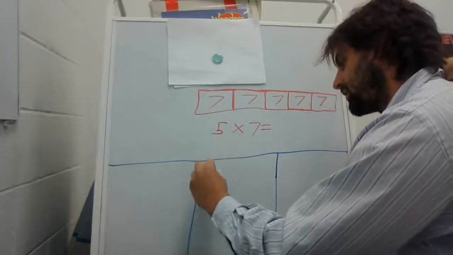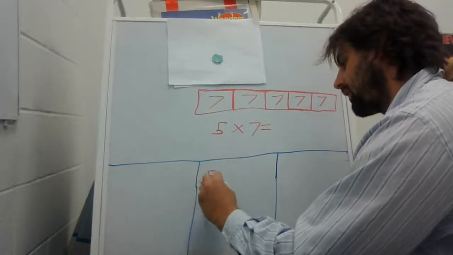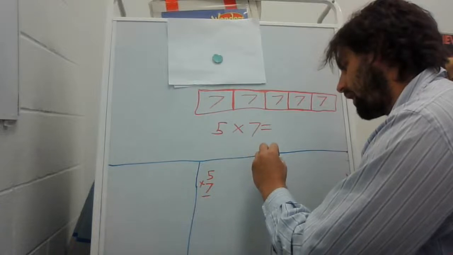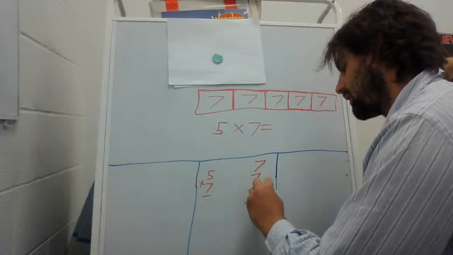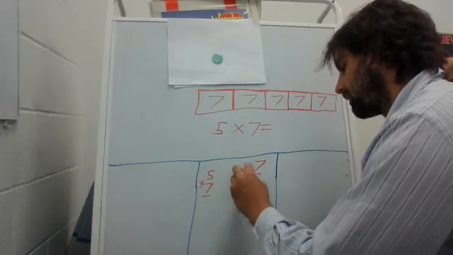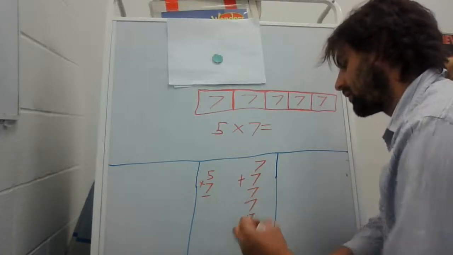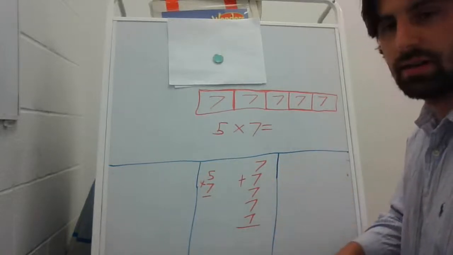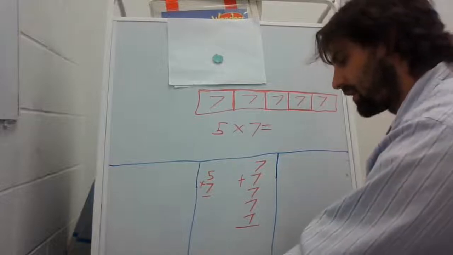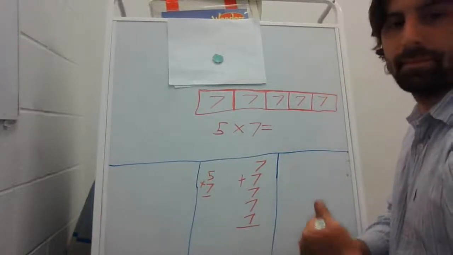All right, so 5 times 7 means that we're adding the number 7 5 times. So it's basically a shorter way of saying 7 plus 7 plus 7 plus 7 plus 7. All right.